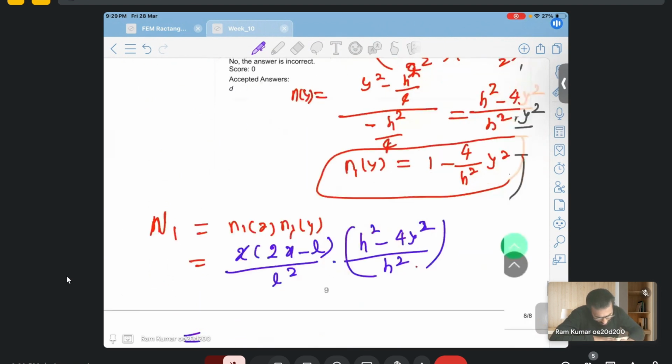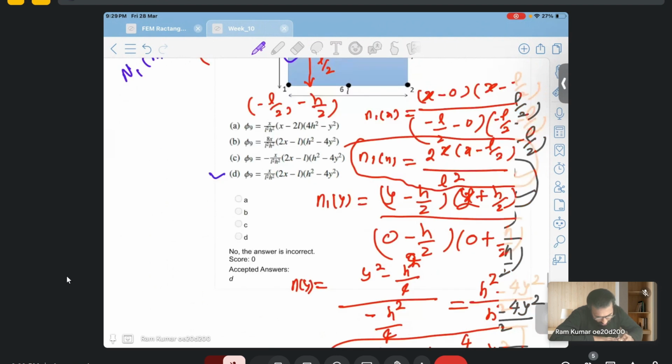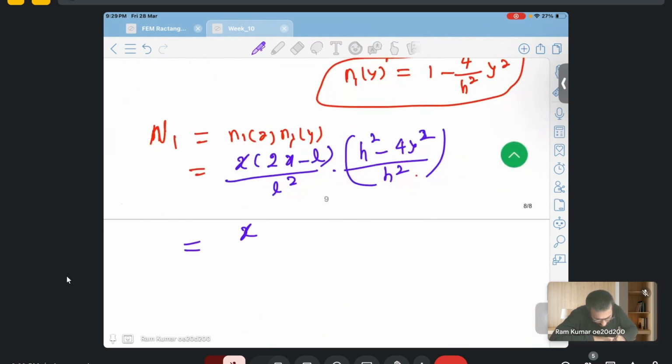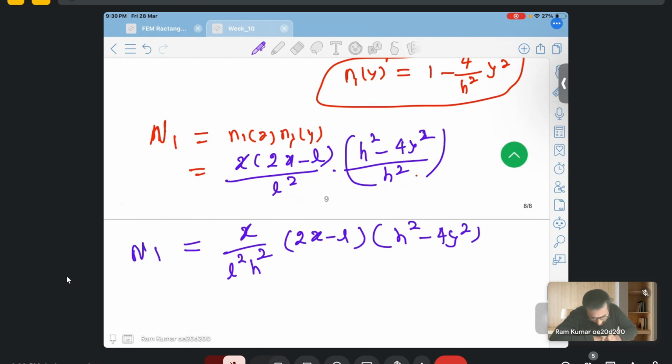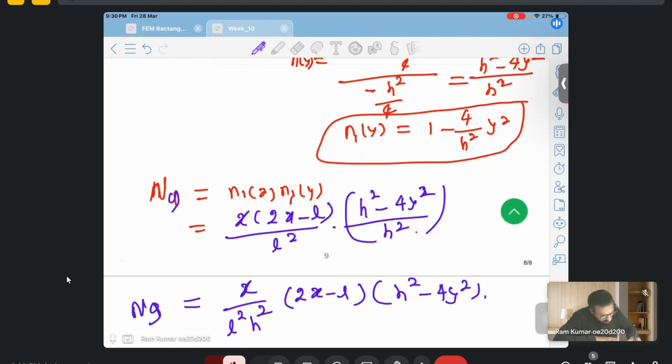Correct, exactly correct, sir. X by L square h square into 2x minus L into h square minus 4y square. This is N9, no? This will be the correct answer.